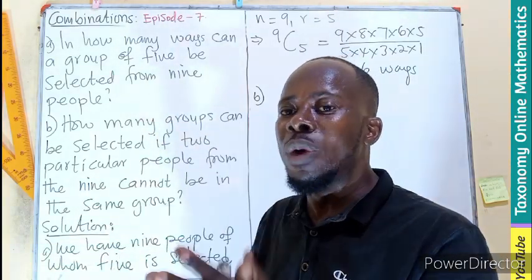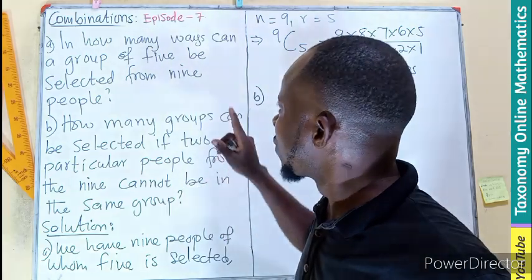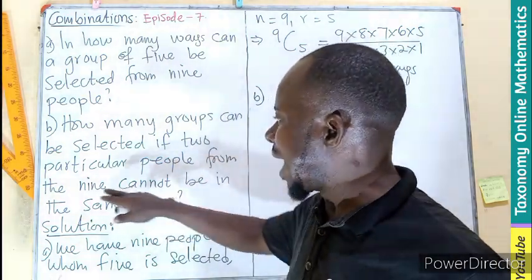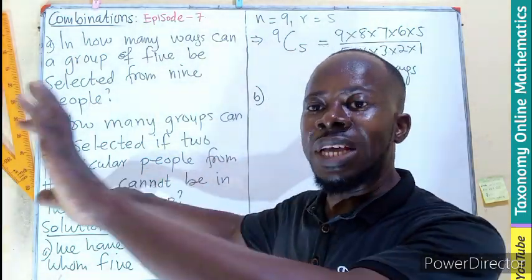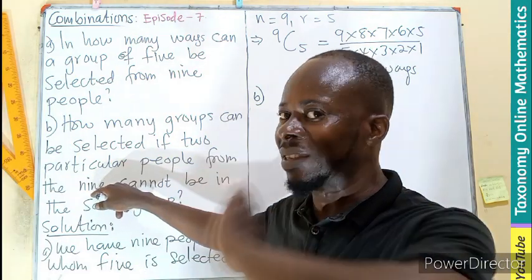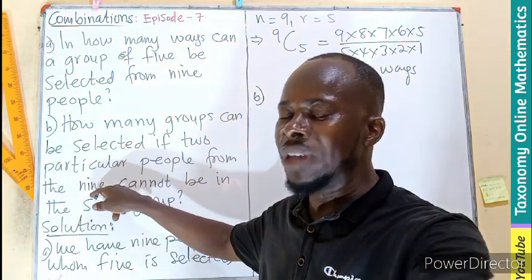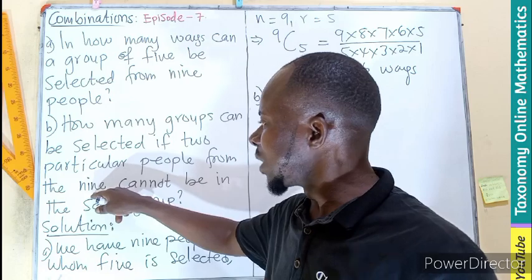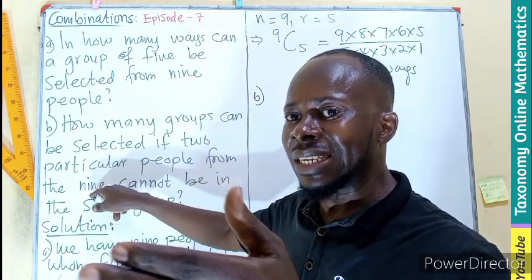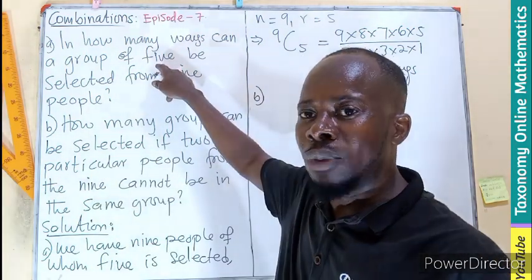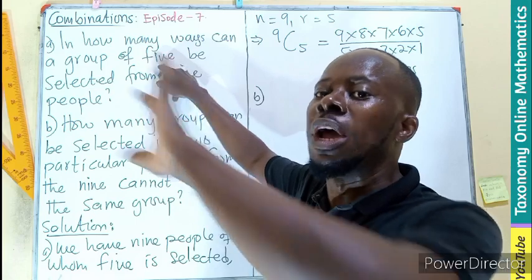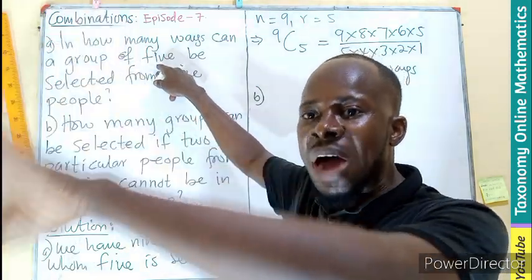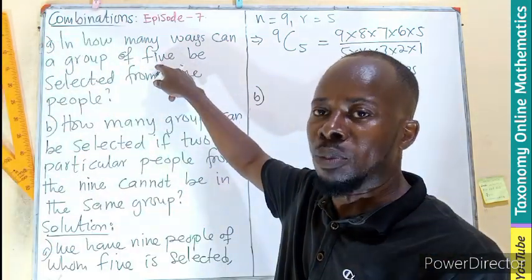If 2 are always included, then from the pool of 9 we will be left with only 7, because 2 have already been selected. Then out of the 5, you will be left with 3 to be selected to join them, to make 5 in that committee or group.